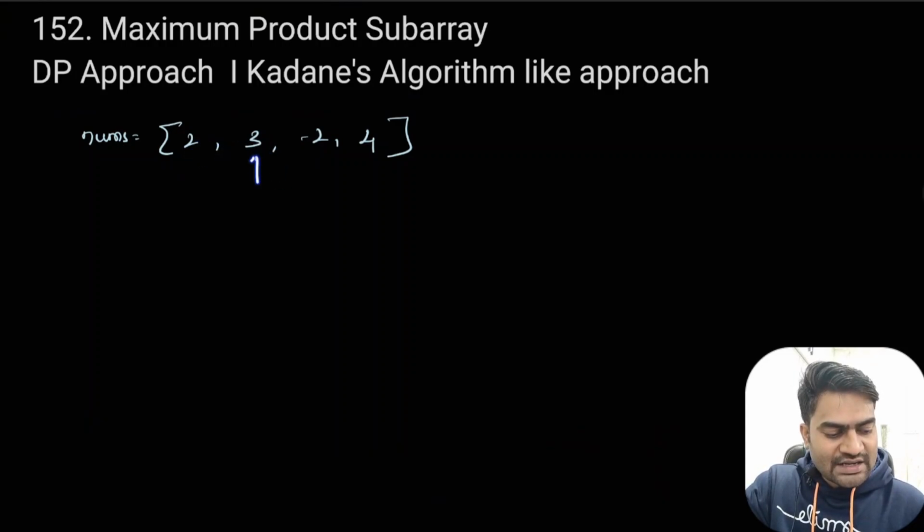Whenever we process any element in the array, we always keep the reference of the previous maximum sum. That way we keep remembering the maximum sum. Here also we will do the same. We will try to remember the maximum product. That's why it is called the DP approach, and since it is similar to Kadane's algorithm, it is also called the Kadane's algorithm-like approach. With that, let us try to understand this solution.